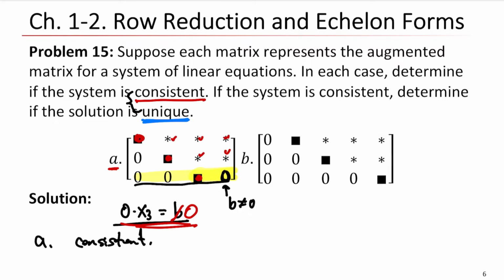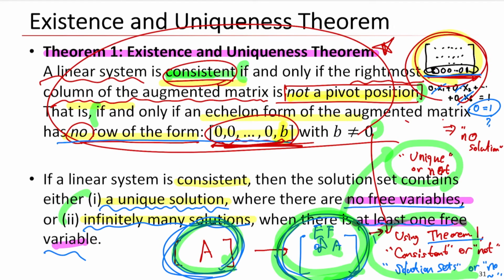Then if the system is consistent, there are two cases: a unique solution or infinitely many solutions. If we go back to our lecture, if the system is consistent, the solution is unique or infinitely many, depending on the free variables. When there is no free variable, there is a unique solution.